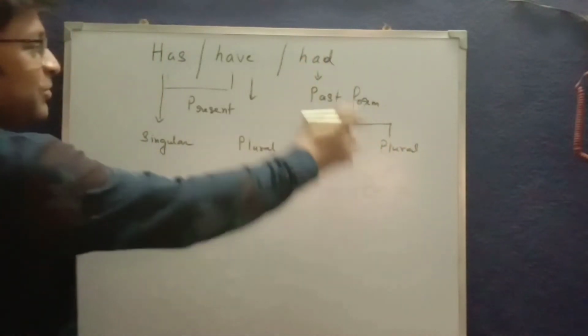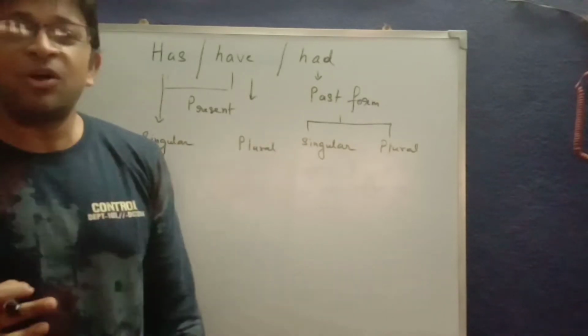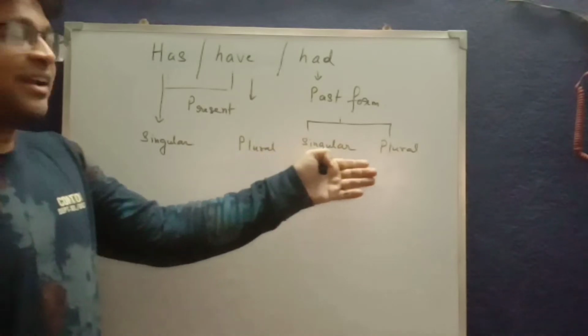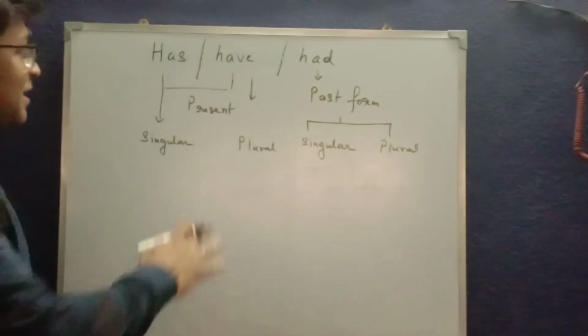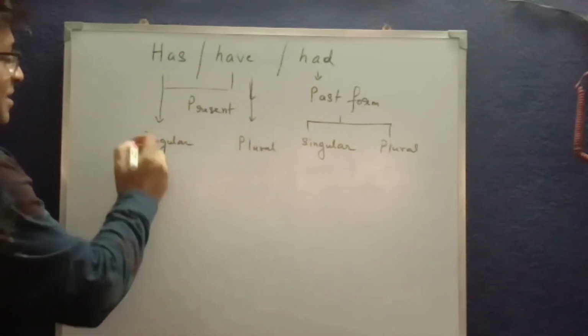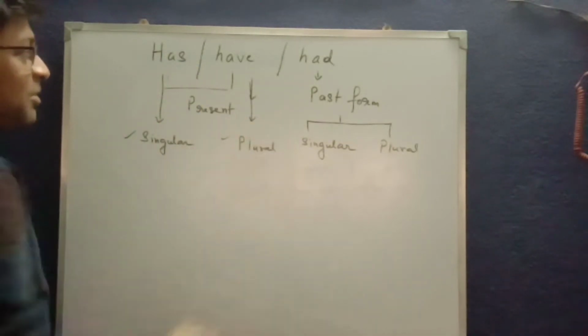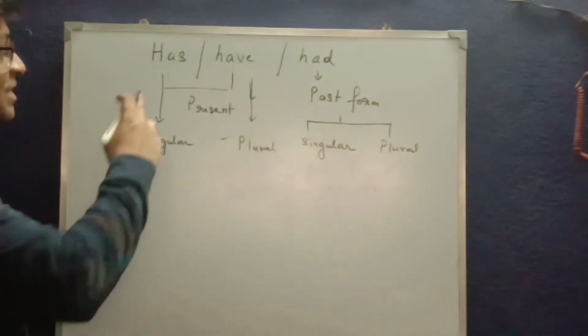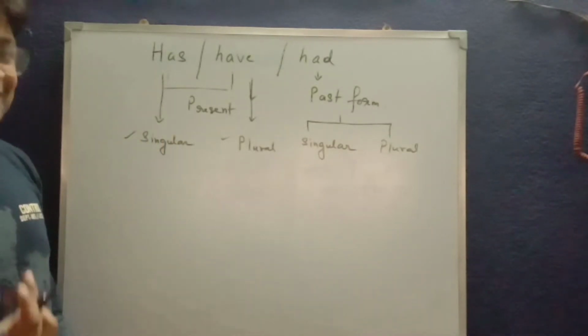So while using had, we do not face any problem regarding plural and singular. But in the case of has and have, we always have to remember that has symbolizes the singular and have symbolizes the plural form of the verb.